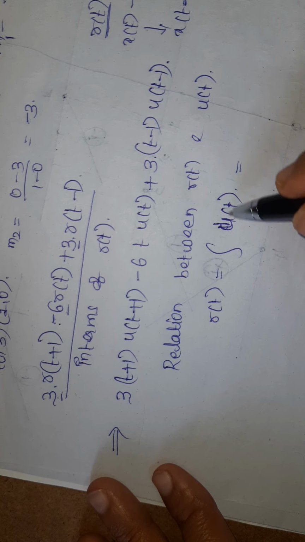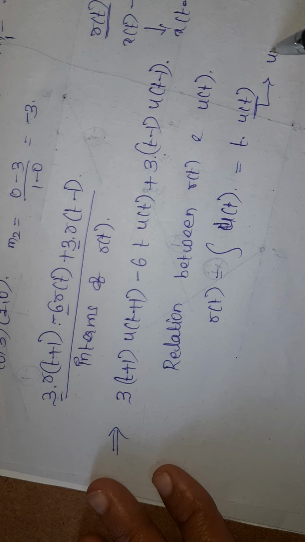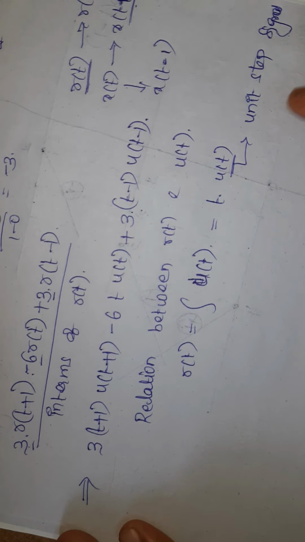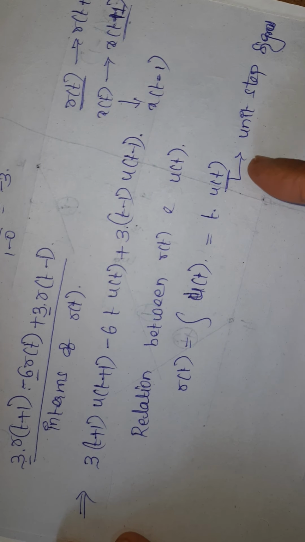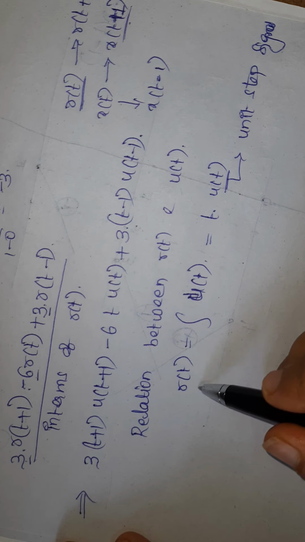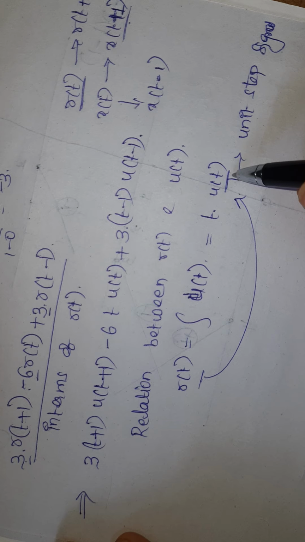u of t means unit step signal. If I do the integration for 1, I'll get t. So I'll get t into u of t simply because it is a unit step signal. Unit step signal means it is having the magnitude 1. Anything multiplied with 1, I'll get only t. So r of t can be replaced as t into u of t.